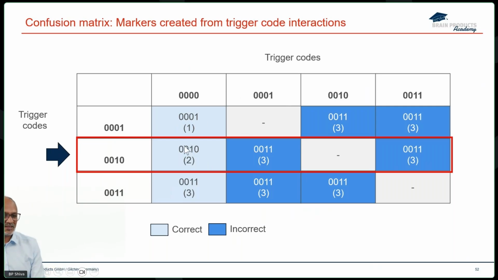The only time this is correct is when nothing else is happening simultaneously. But when it's 0010 here, and this one is somehow present at the same time, they overlap and produce a trigger code that is different from either of them. And these dark blue cells show all of the errors here.